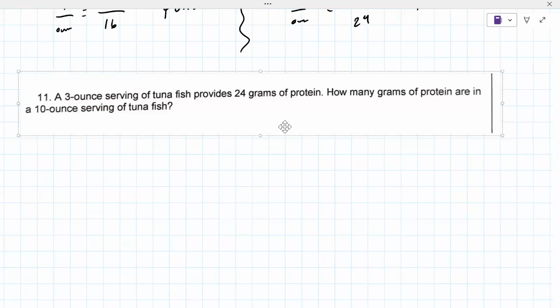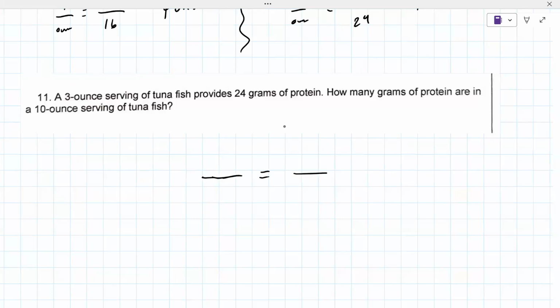So this one is setting up a proportion. Could you try setting this up and then we'll talk about it? There are a lot of ways you could do this. So you do 24 grams of protein on the top and then 3 ounces of tuna. Okay, that's fine so far. 10 ounces.